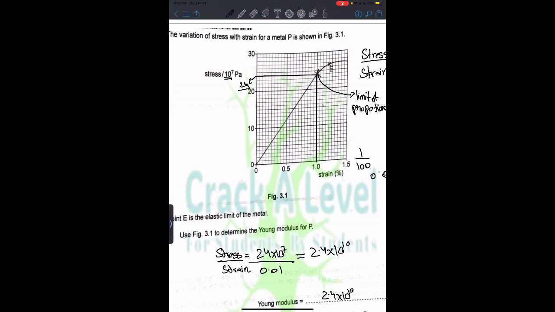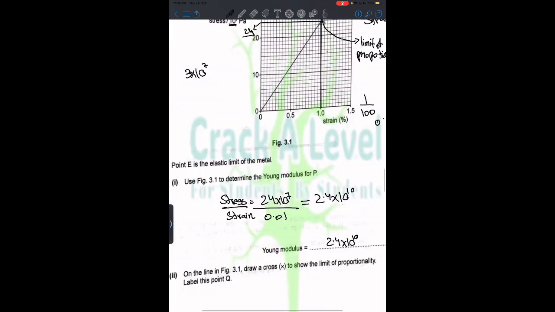So even after doubling it to 3 times 10 to the power 7, our limit of proportionality is still 24 times 10 to the power 7. So even after doubling, we will still be within the limit of proportionality, meaning Hooke's law is still obeyed. Meaning when the force is removed, the object will return to its original position.